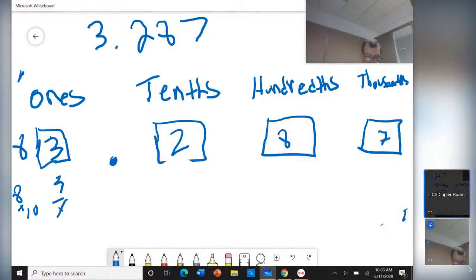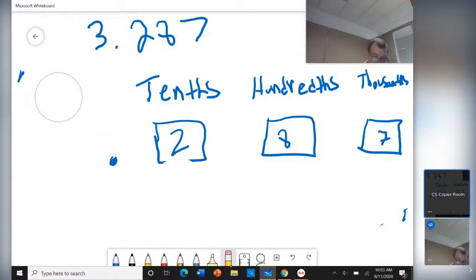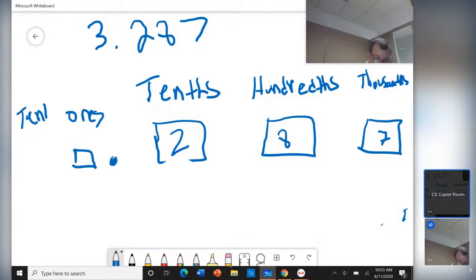So let's do another one. I'll move the ones here, and then the tens will be right here. Okay, and let's erase all this.